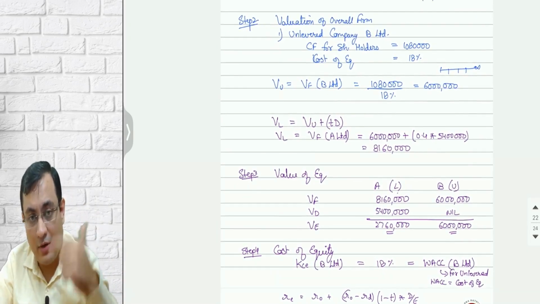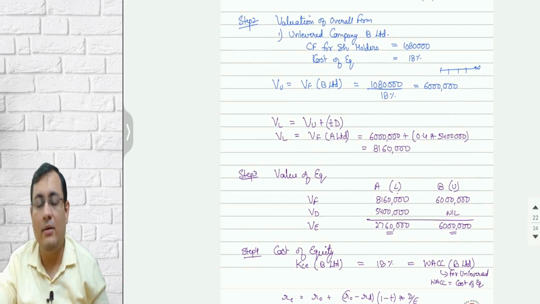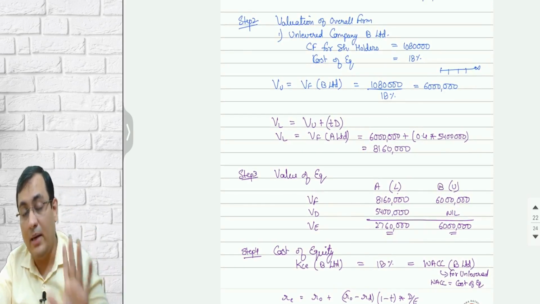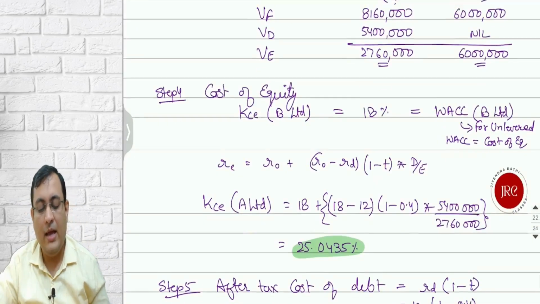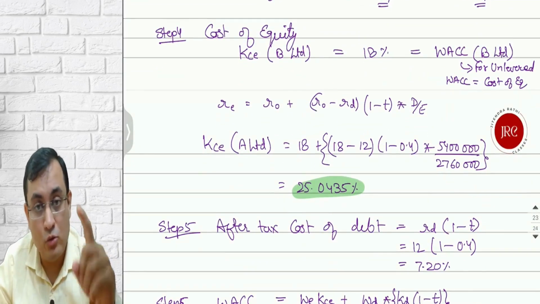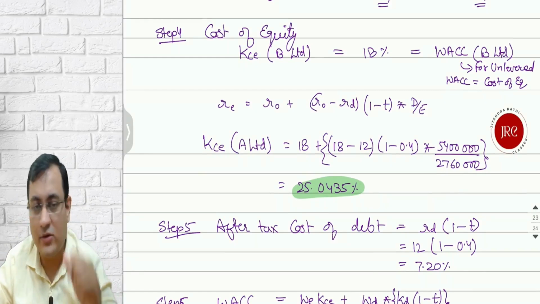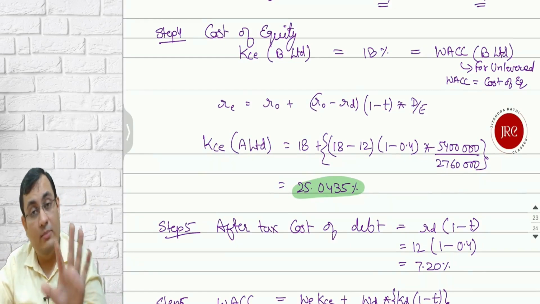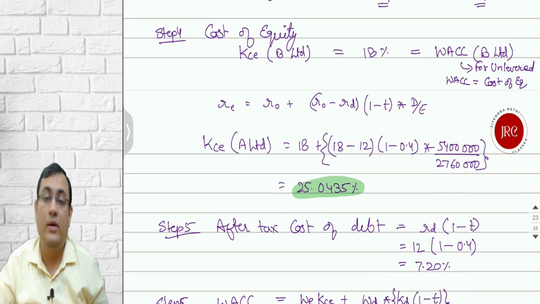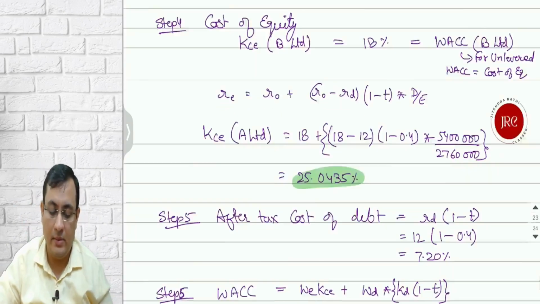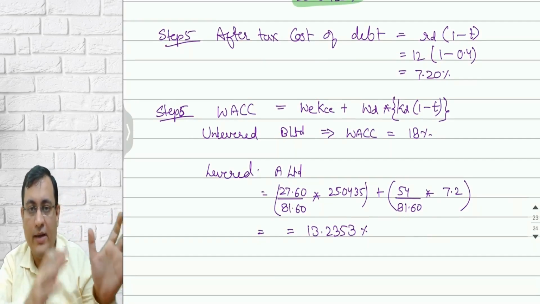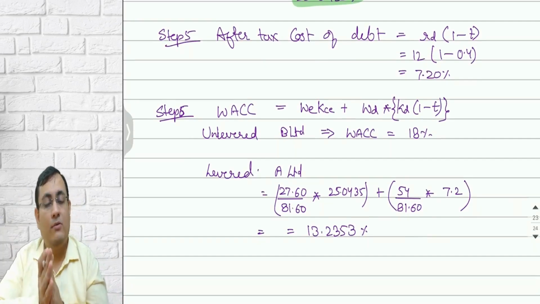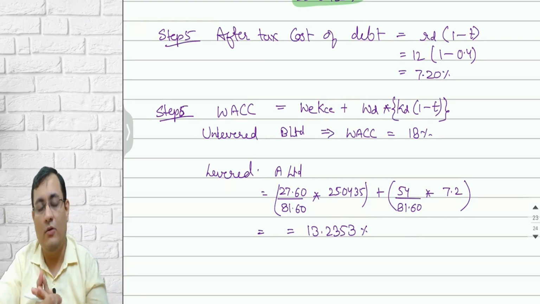Calculate cost of equity for the levered firm by using the formula RO plus RO minus RD multiplied by 1 minus T, multiplied by D upon E. And then calculate WACC, and for WACC use the after-tax cost of debt in case of levered firm. WACC of unlevered will be equal to cost of equity only, because it's 100% equity. So these 5 steps in case of unlevered without tax, and 6 steps in case of levered, will solve almost all types of questions on your theory.